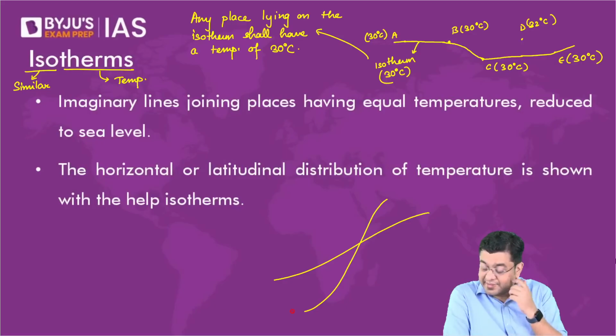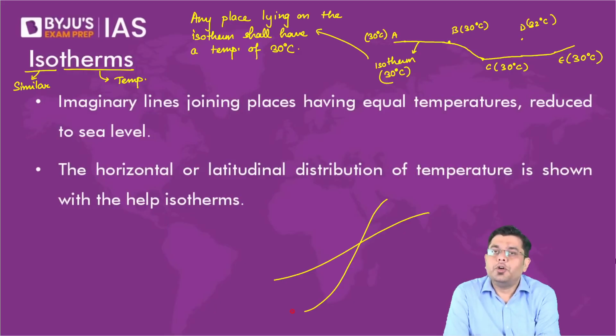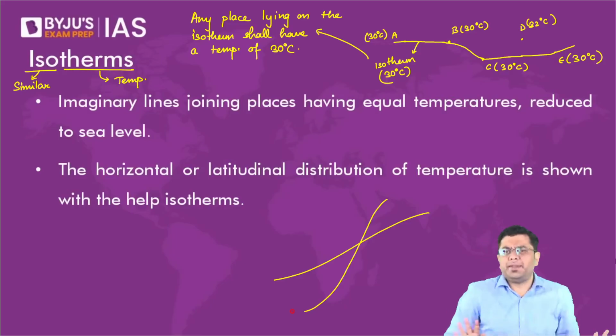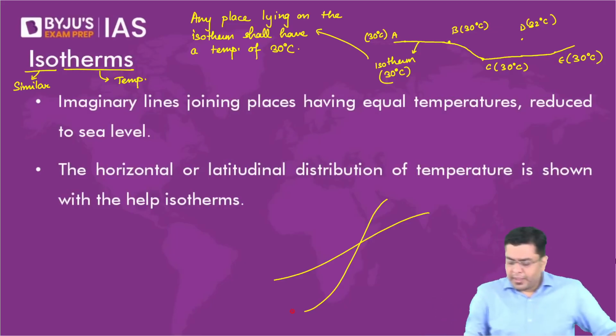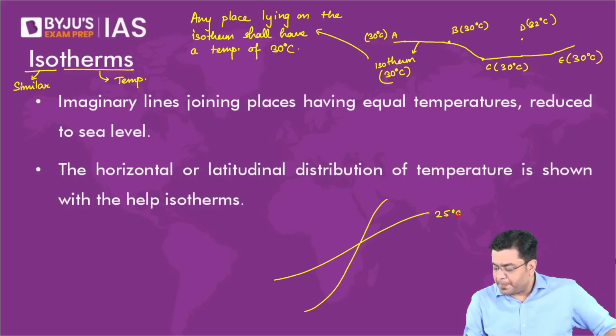Few of you have said yes, and with quite a good amount of vehemence and surety. But the isotherms can never crisscross each other. Why? The reason is very simple and straightforward. Let's suppose this is a 25 degrees Celsius isotherm and this is a 29 degrees Celsius isotherm.